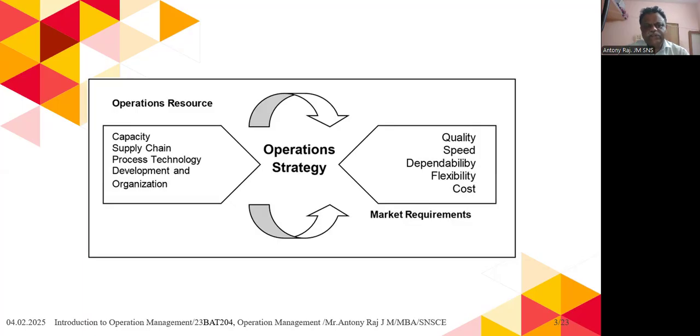And the process technology, what is the technology you want to use for manufacturing or service, and development and organization. On the other side, we have quality, speed, dependability, flexibility, and cost, which are actually the market requirements. So operation strategy ensures that the market requirements are met by the organization in terms of these above.